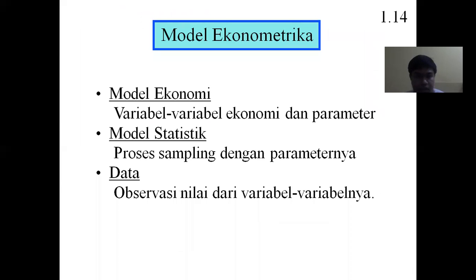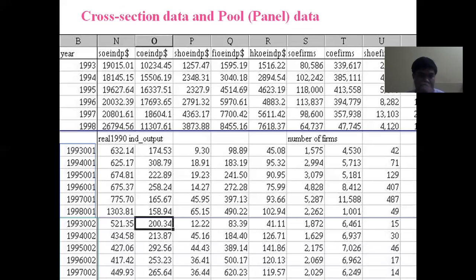And this is cross-section data. Cross-section data is about different individuals that we observe at exactly the same time. So we do not have an issue with time in cross-section data, but we do have to collect many variables.